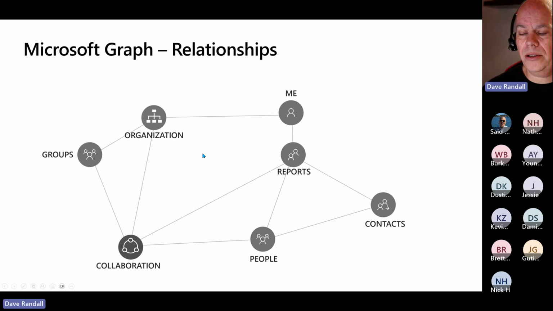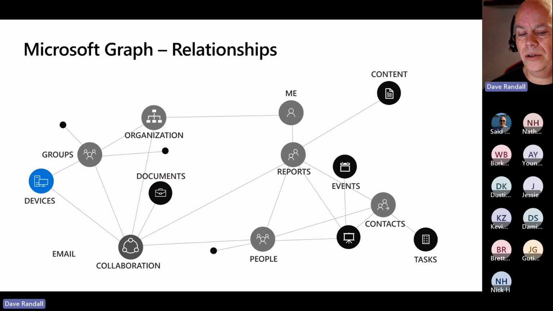I talked a little bit about the underlying relationships, and things like Azure Active Directory groups or individuals or contacts. Those are tied to other bits of information in the graph, such as which document you've opened, information about the tasks that you have. Maybe there's specific content documents that are part of SharePoint.